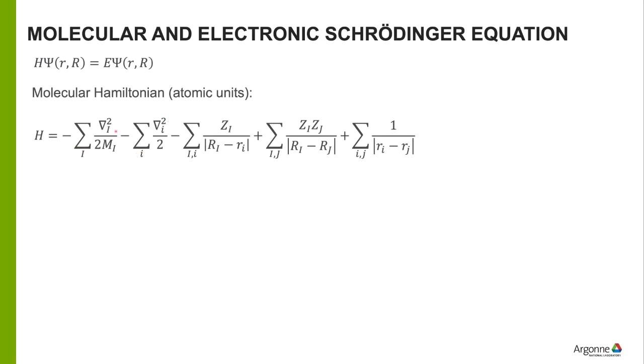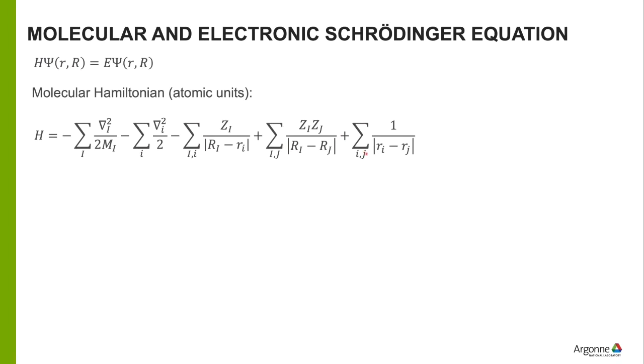The second term is the kinetic energy of electrons. Then you have the potential energy of interaction of the nuclei with electrons, nuclear repulsion, and finally the potential energy of the interaction of electrons.